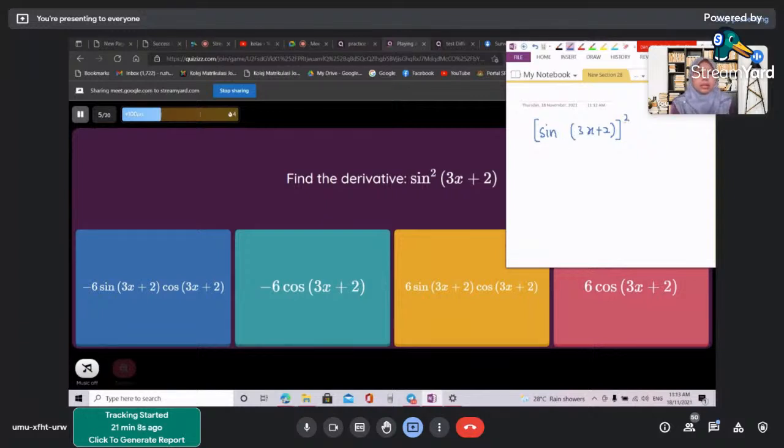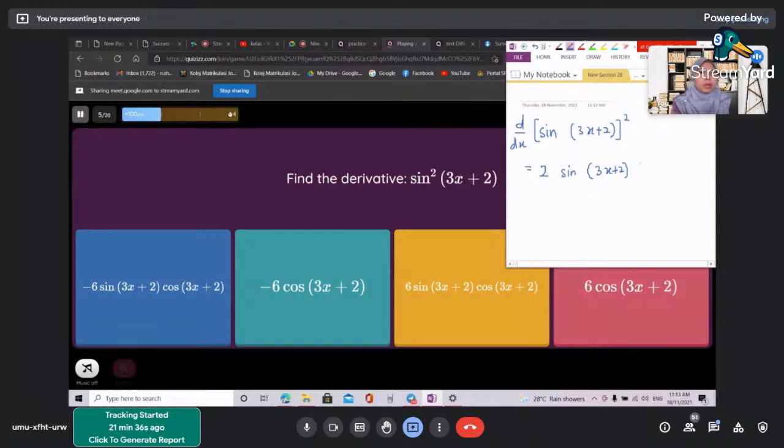Okay, then for general power rule you need to bring the power to the front and then copy down all the expression in the bracket, and then the power must reduce by 1.